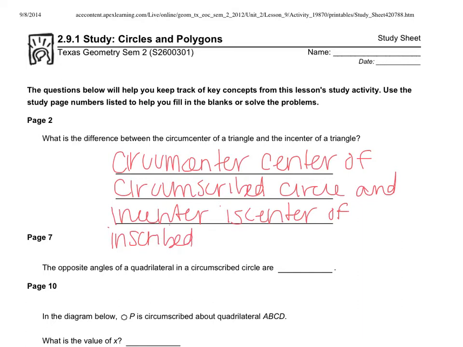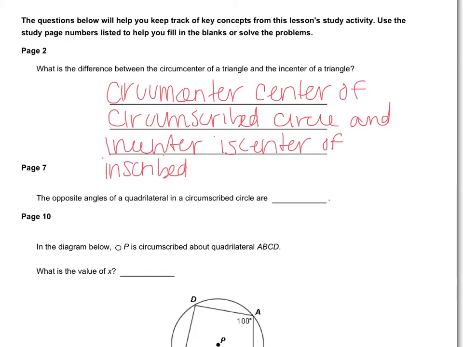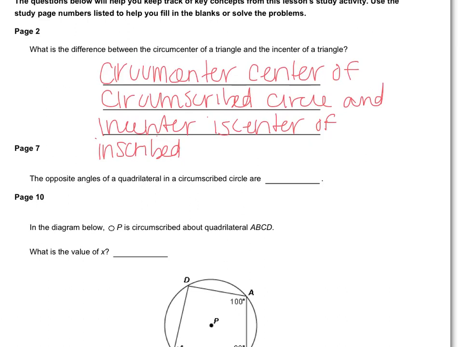So when you circumscribe a circle, you draw a circle around a quadrilateral. So here's our quadrilateral. Quadrilateral means it has 4 sides, so it can look however you want. It could be a rectangle, it could be a rhombus, it could be a parallelogram, doesn't matter.